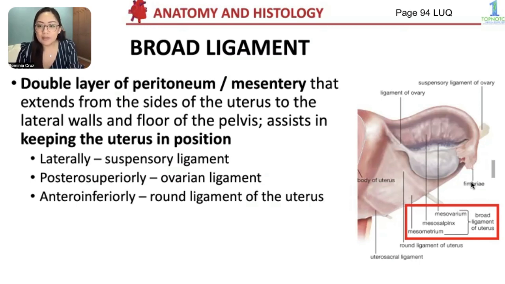These broad ligaments would divide the pelvic cavity to your anterior and your posterior compartments. The peritoneum that overlies the fallopian tube is called your mesosalpinx, while that around the ovarian ligament is your mesovarium, and that attached to the uterus is your mesometrium.